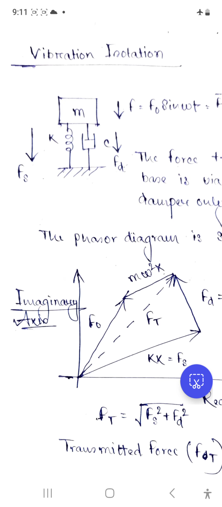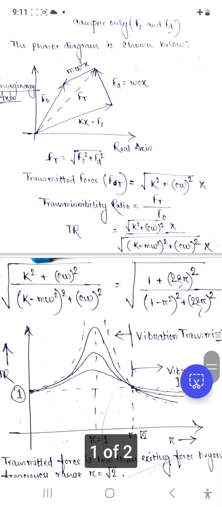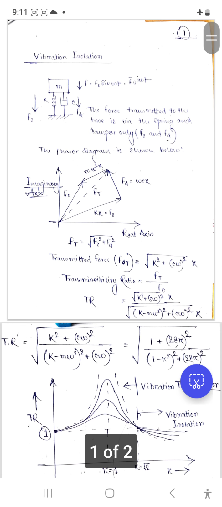So this has a different kind of meaning: whatever thing I have attached to it to keep it isolated from the vibration is actually somewhere responsible for its vibration as well. Its response depends on these same things.